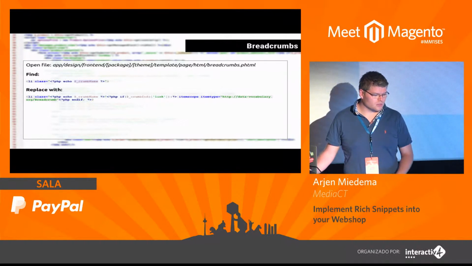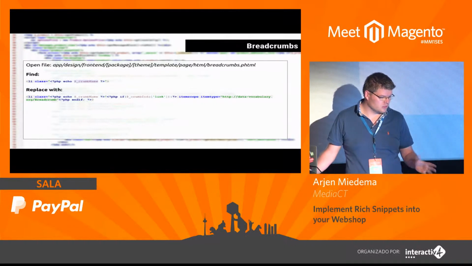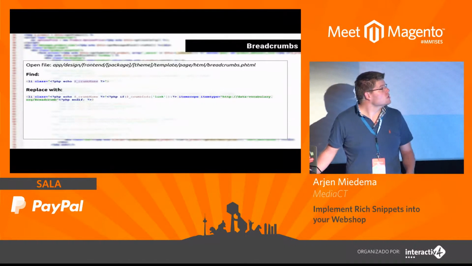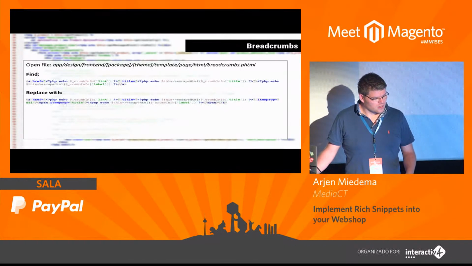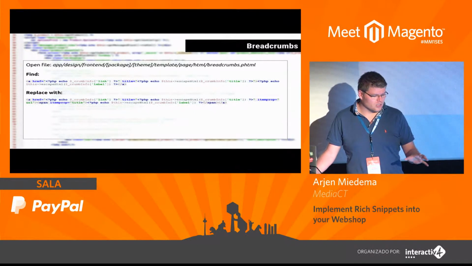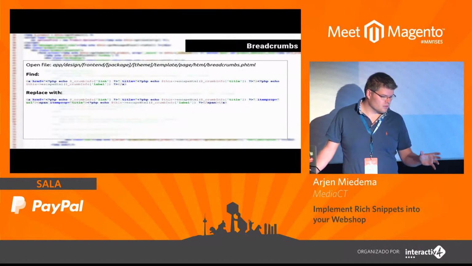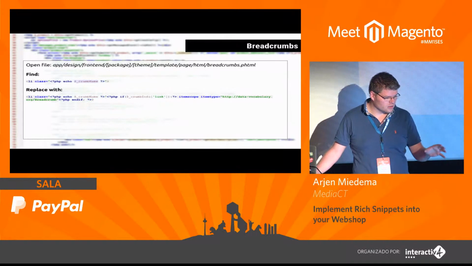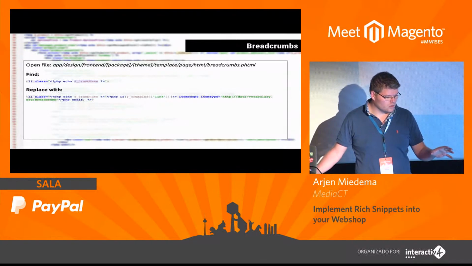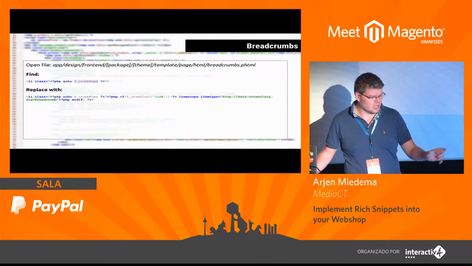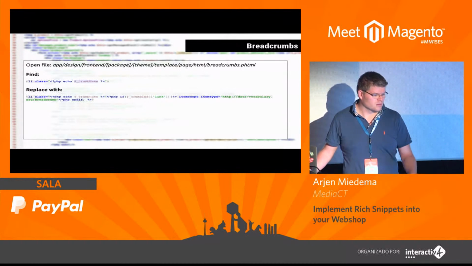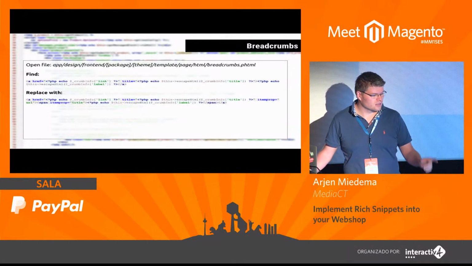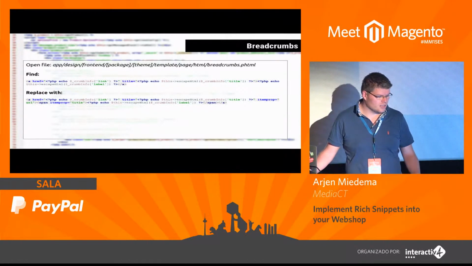Then you have breadcrumbs. I use a different item type for breadcrumbs because it's easier. And it contains two parts. First of all, as you can see here, the LI tag, and in that the A tag.